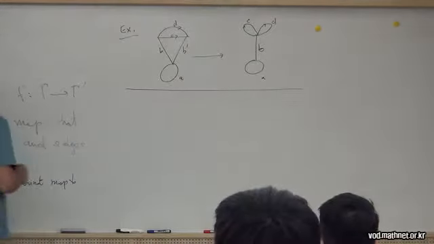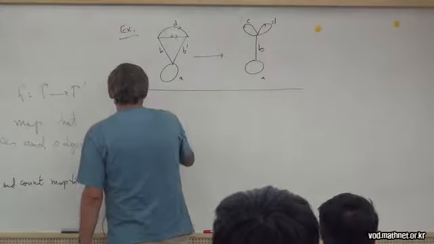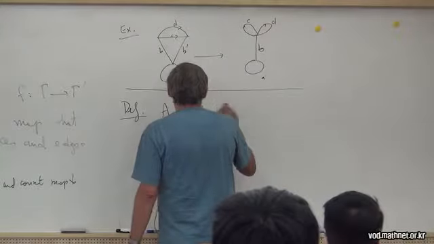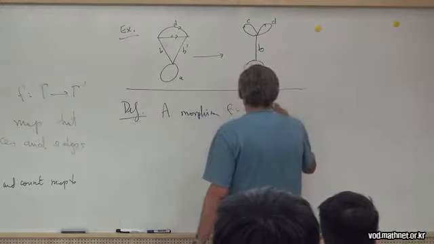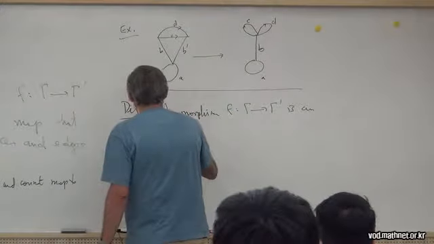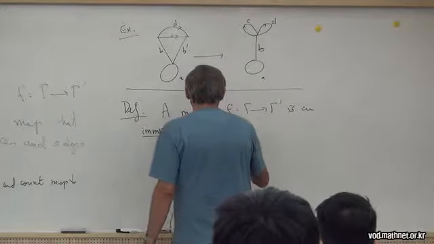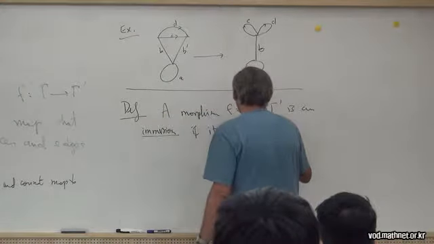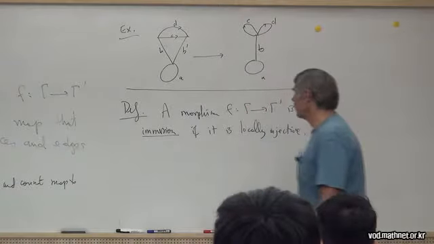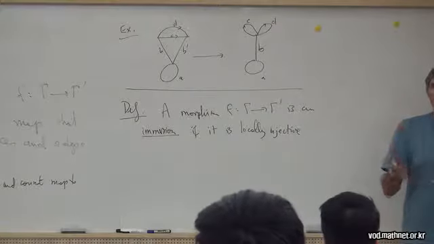Now, a special kind of morphism is an immersion. So that's the definition. A morphism f from gamma to gamma prime is an immersion if it is locally injective. Locally injective just means that every point has a neighborhood where this map is injective.